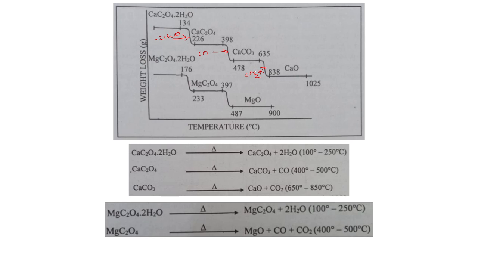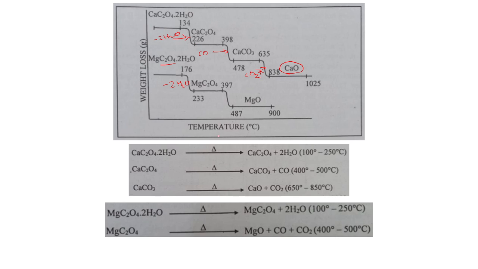So at different temperatures these different reactions are taking place, and at the end you are going to get calcium oxide. Whereas if you take magnesium oxalate, from 176 to 233, or you can say 100 to 250, water molecules are lost, same as in the earlier one.